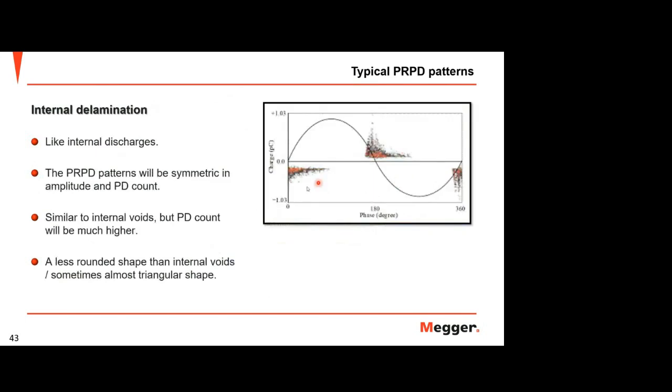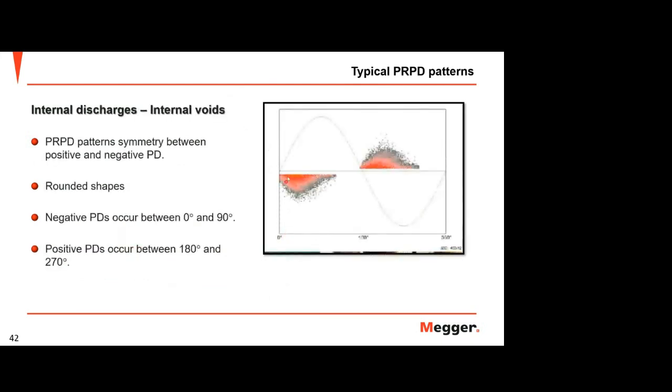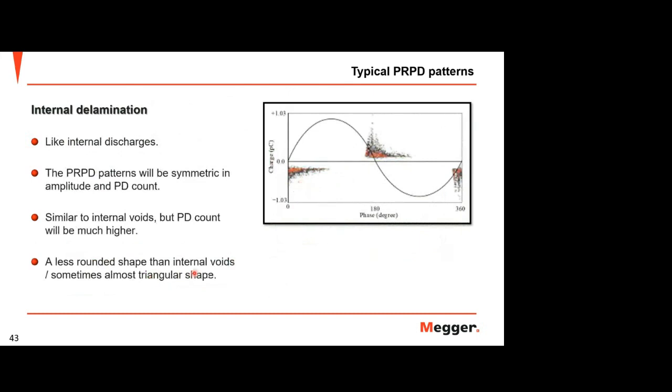And if you see something like internal discharge, like a void, but the PD pattern is symmetric in amplitude and PD count, similar to an internal void but with a much higher PD count than a normal void, just verify with the PD count. Also the shape is less rounded than an internal void, because an internal void is more rounded compared to this type, and sometimes almost triangular shape.